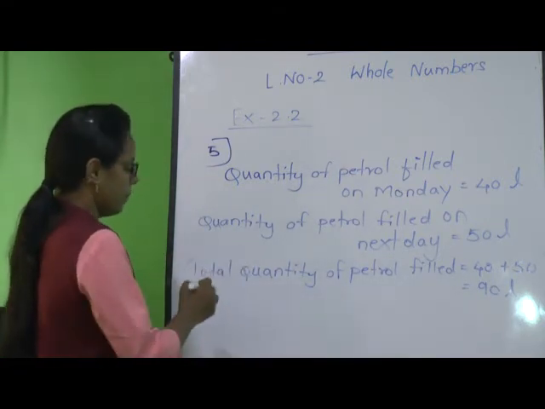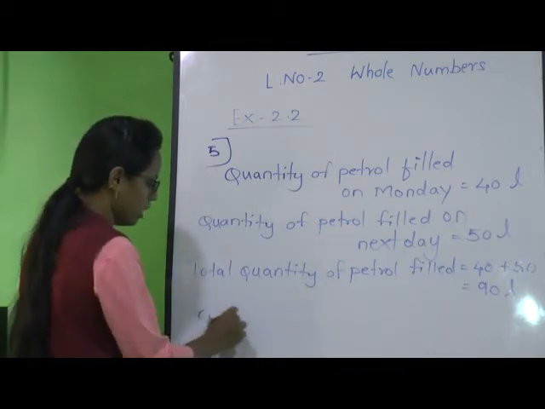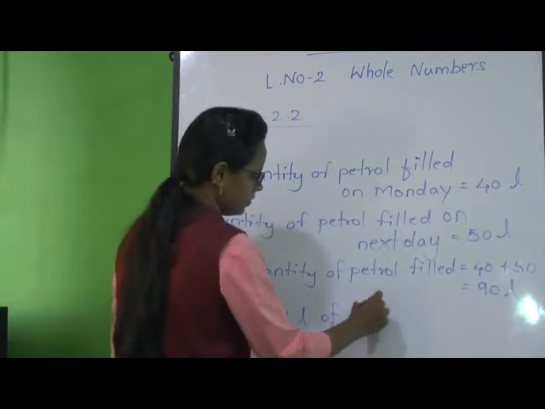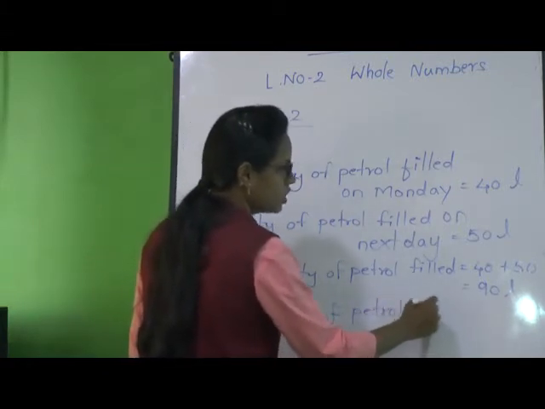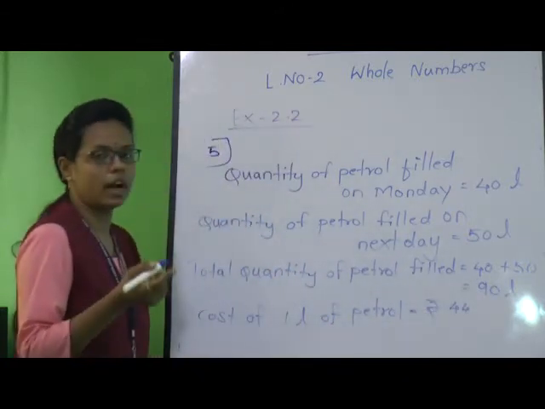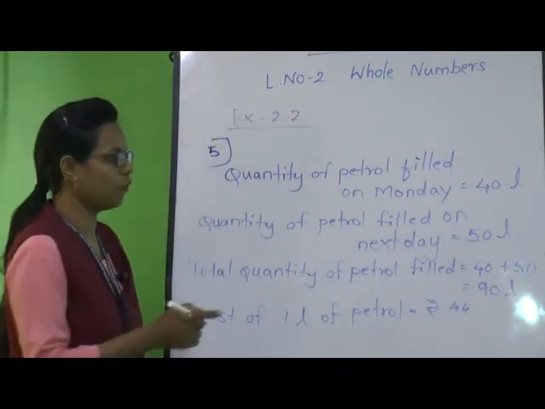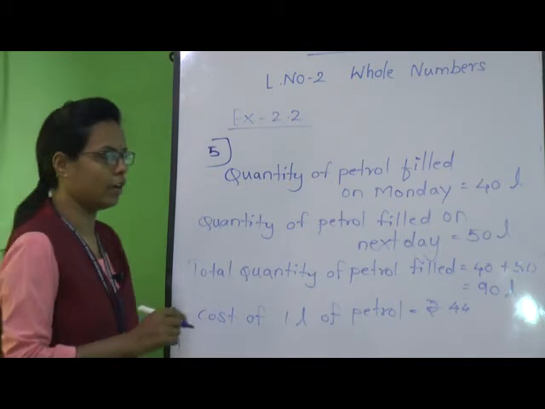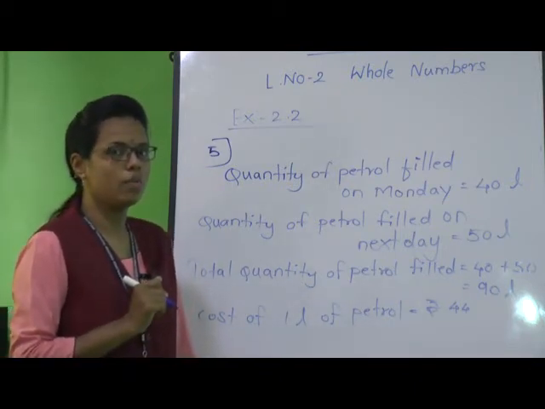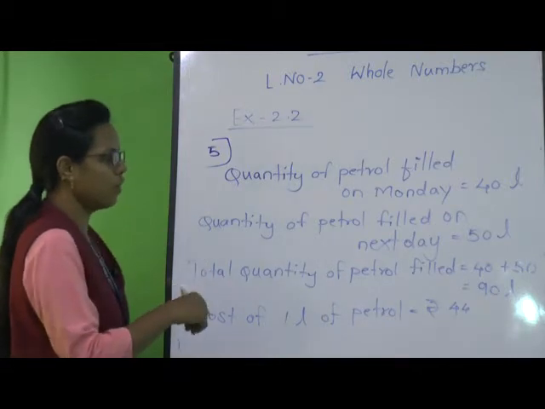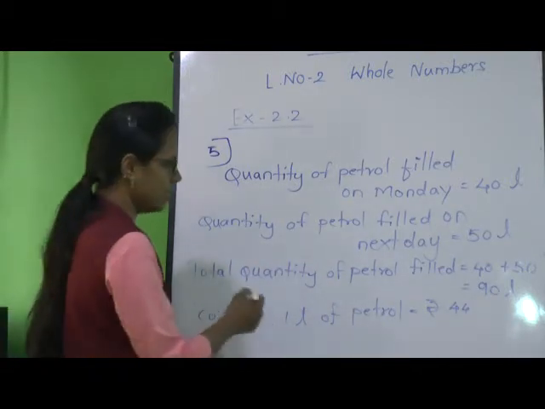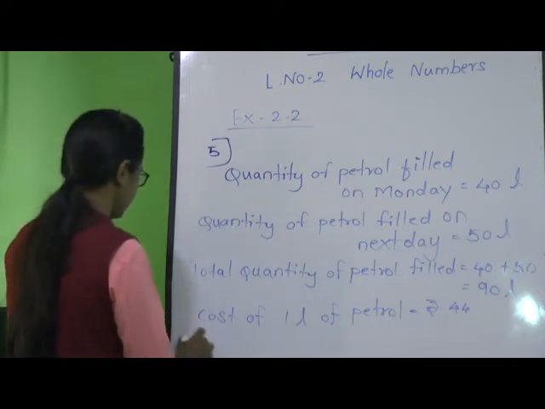Now, the cost of 1 liter of petrol is how much? It's rupees 44. Now we have to find how much he spent on 90 liters of petrol. So what do we have to do? We have to multiply 44 by 90.